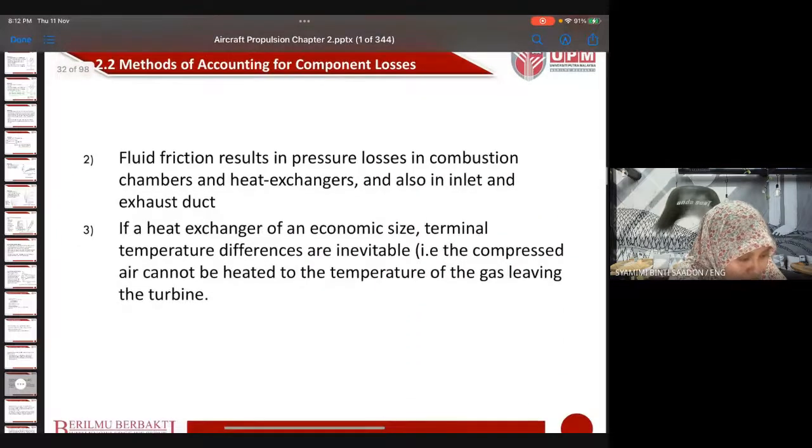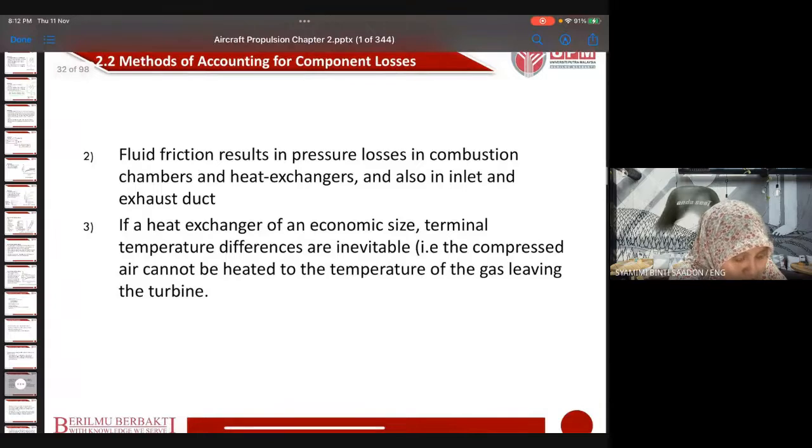Friction results in pressure loss in the combustion chamber and heat exchanger, and also in the inlet and exhaust duct. Within the heat exchanger or the combustion chamber there also exists pressure loss due to friction, etc., which we cannot neglect.